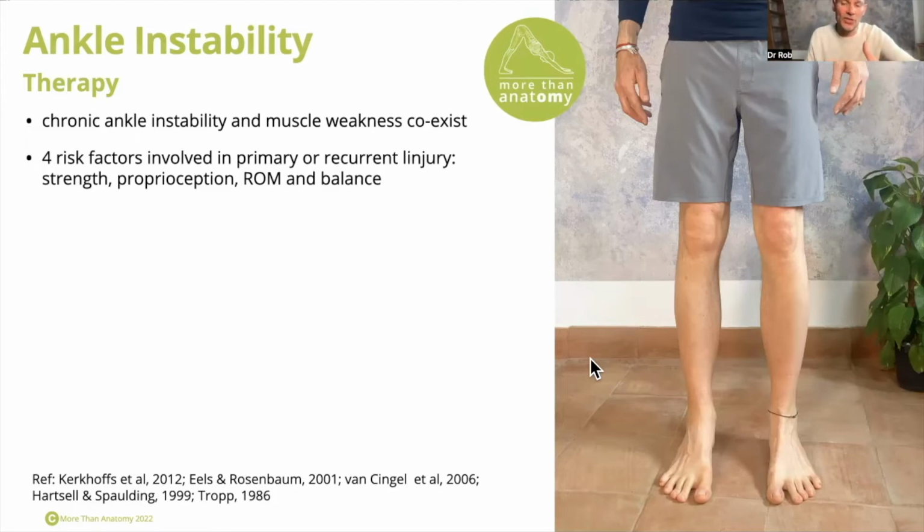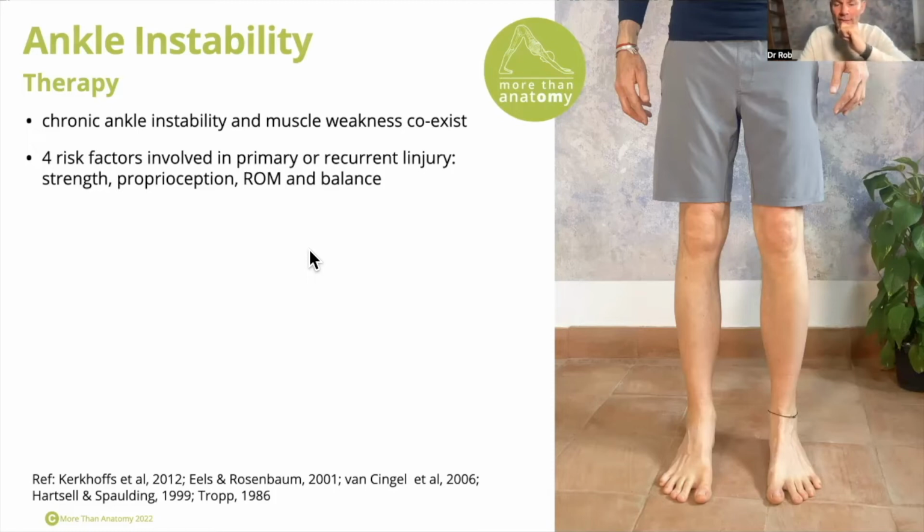Think about that in the foot. We should be able to reposition the foot and know exactly where it is every single time. If we don't, then we don't have control. We have a greater risk of issues. Range of motion. We want to make sure that the ankle can move in all the different directions: plantar flex and dorsiflex, invert and evert, abduct and adduct.